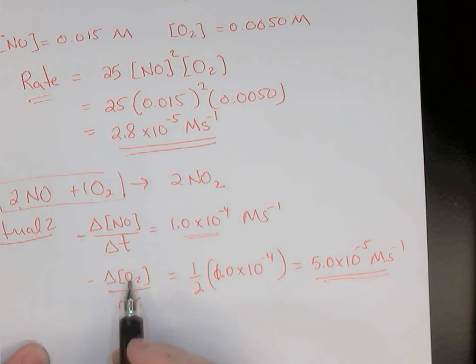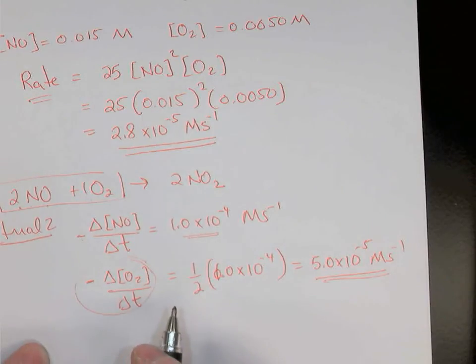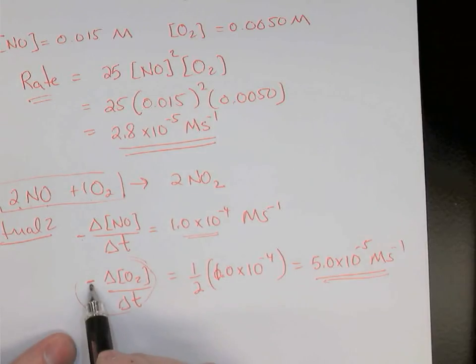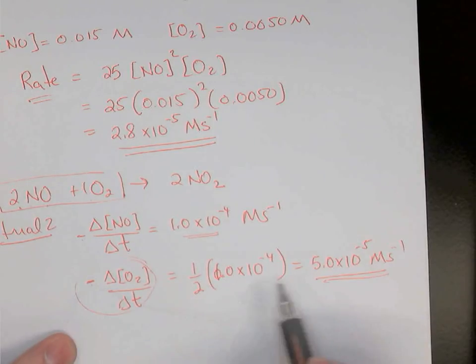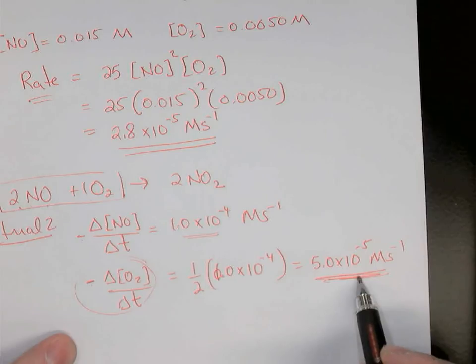So that's the rate at which the oxygen was disappearing, delta oxygen over delta T, the rate at which it was changing. Again, the negative sign is there simply because the oxygen was a reactant. Its change in concentration is negative. By putting a negative in front, it will make the rate positive that we see over here.